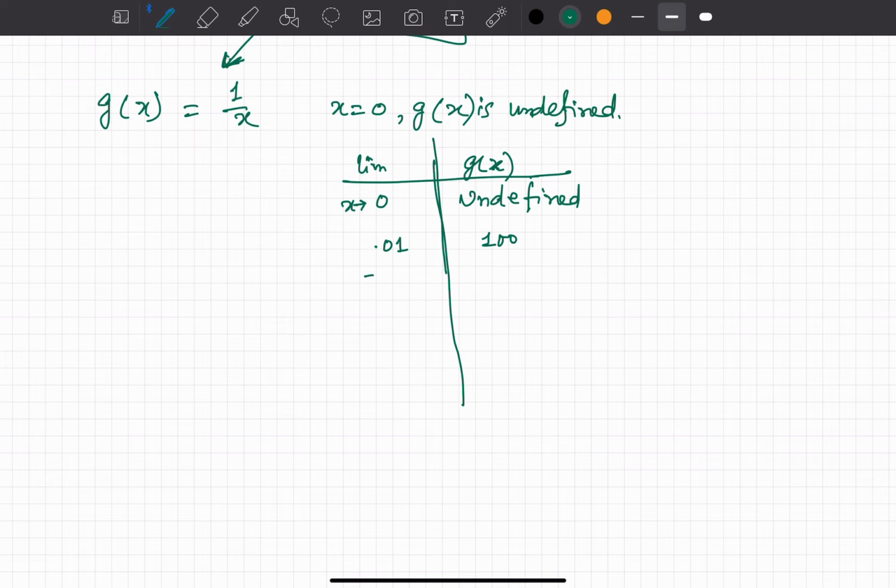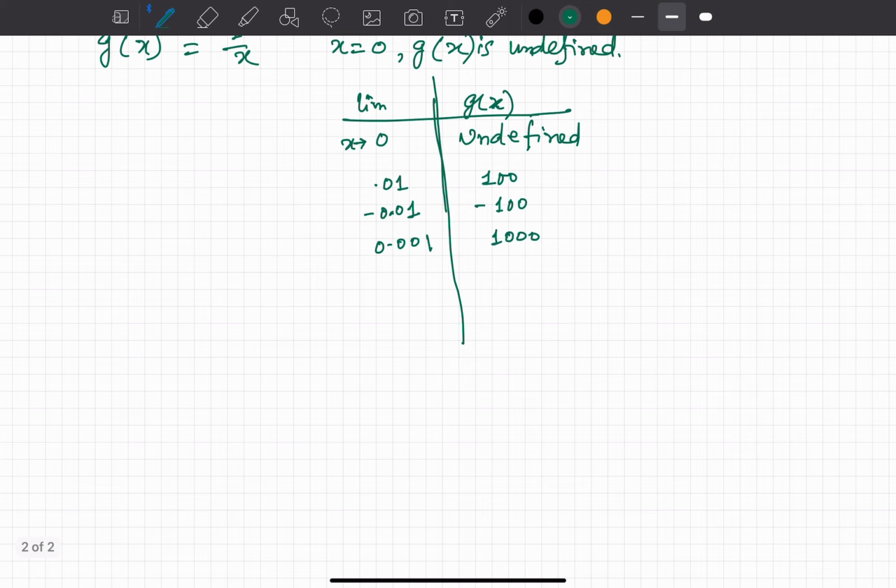When x is taking value of minus 0.01, g(x) will be minus 100. When x is taking value positive 0.001, g(x) will be positive 1000. When x is taking value of negative 0.001, g(x) will take negative 1000, and so on.